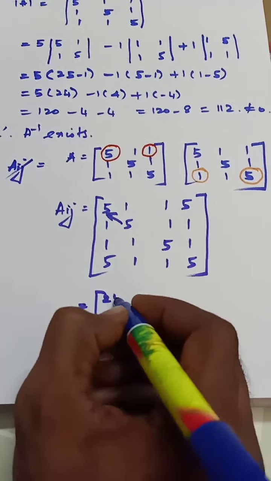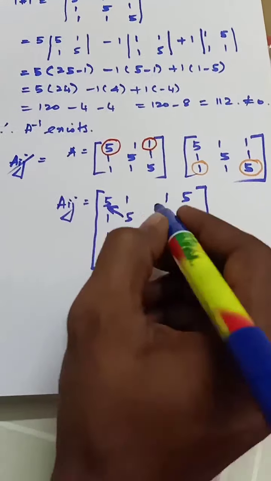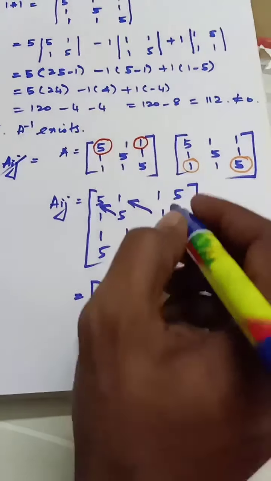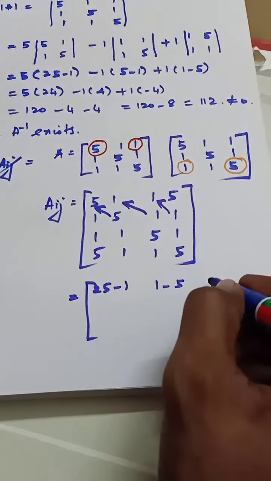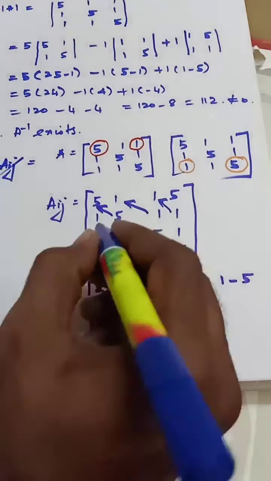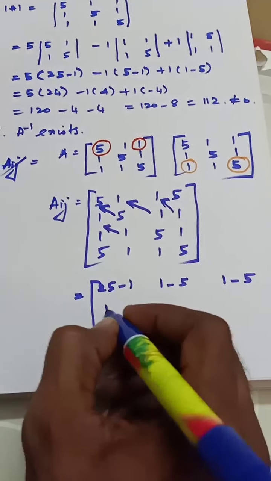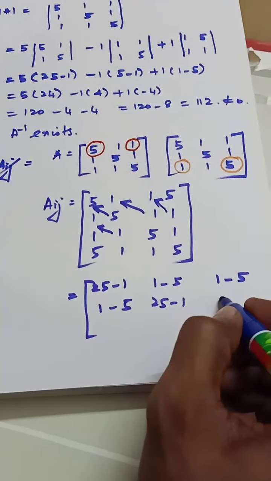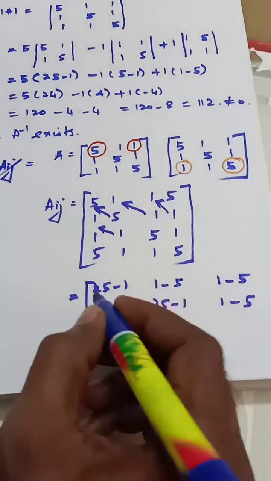25 minus 1 is your first number. Then 1 minus 5 is the second number, and the third number will be 1 minus 5. In the next row it is 1 minus 5, 25 minus 1, 1 minus 5.